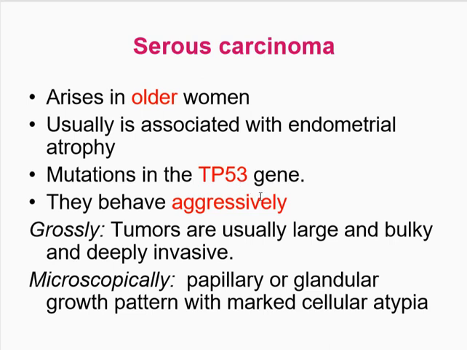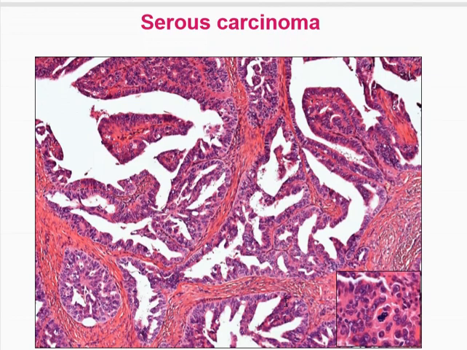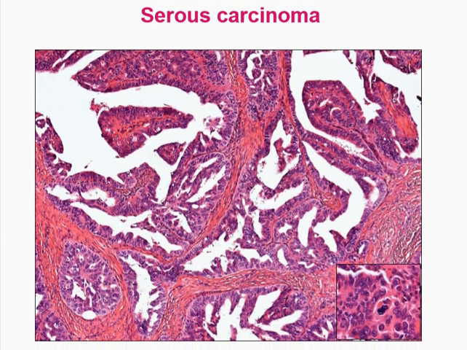Grossly, they are also either exophytic or deeply invasive. Microscopically, they are often papillary in structure, at least partially, and there are also glands with marked cellular atypia in these tumors. This is serous carcinoma of the uterus. You can see the cellular atypia here, and you can also discriminate the papillary structure of this lesion on the picture.